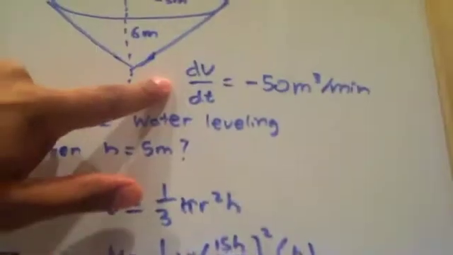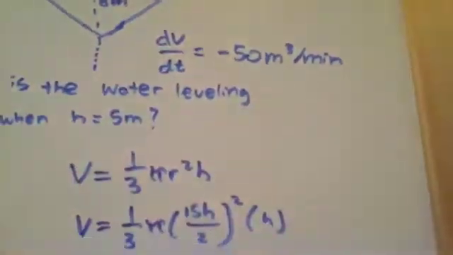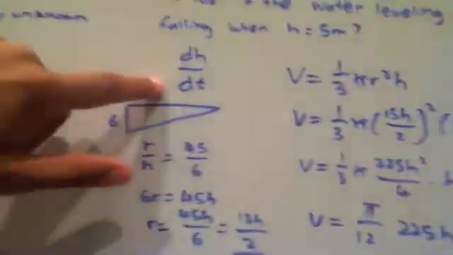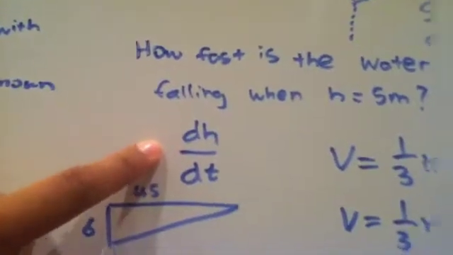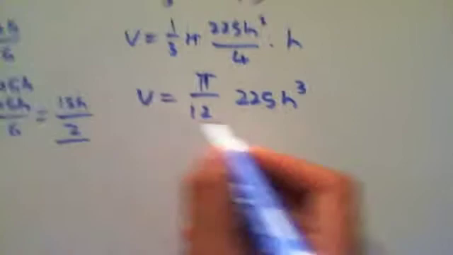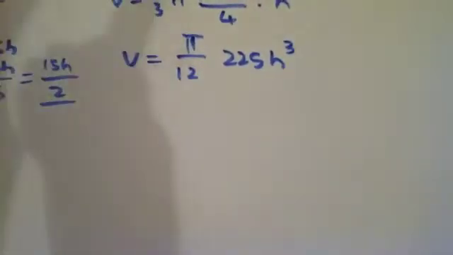Since we know that the volume is changing at a rate of negative 50 meters cubed per minute, and we want to find the change of height with respect to time, we now differentiate this.